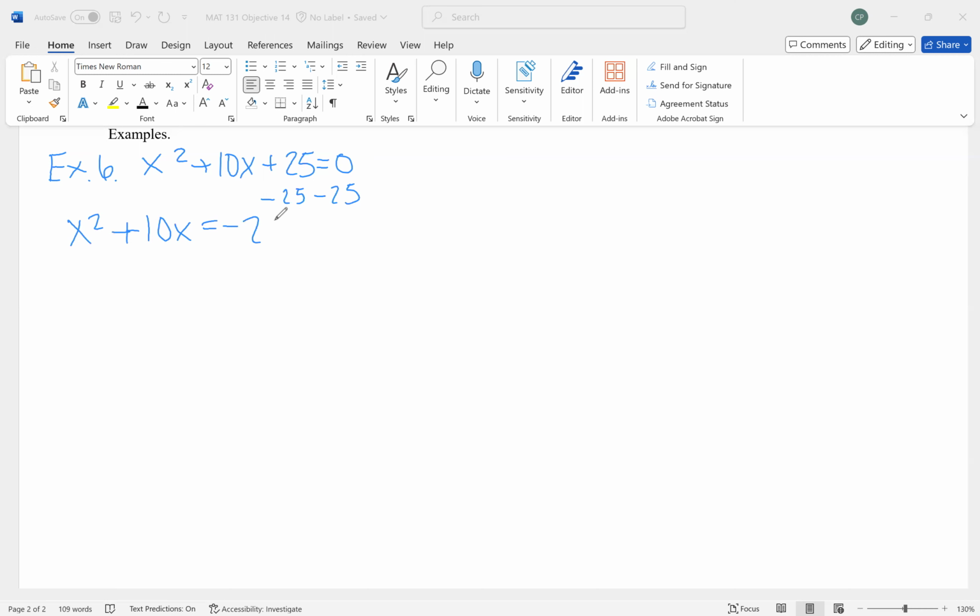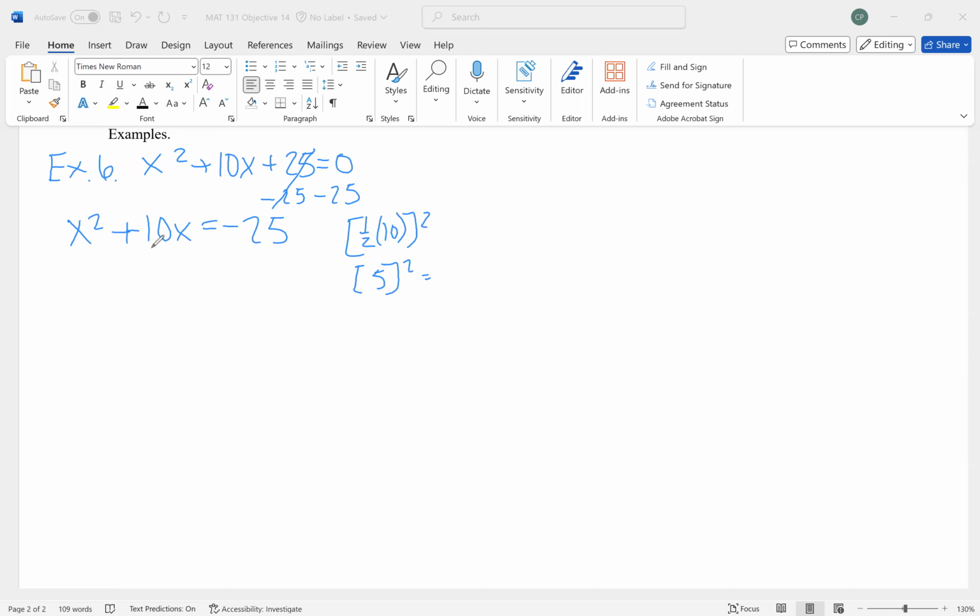So if you do not complete the square, you did not do what was asked, and you will not get the full credit, okay? So I need you to do the method that was asked of you, okay? So when I subtract 25 from both sides, I'm going to get x squared plus 10x equals negative 25.